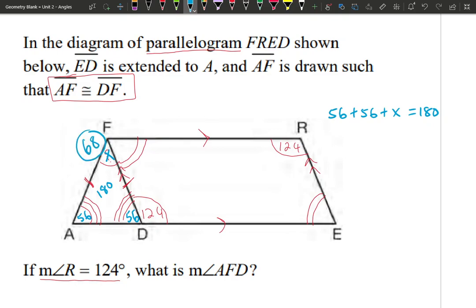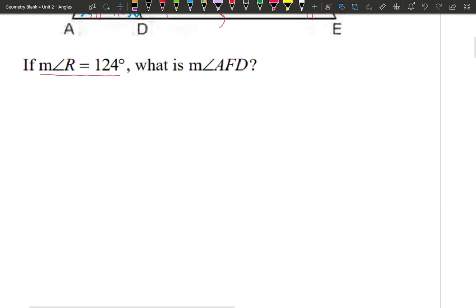You could do it completely without this, but I find that sometimes the equation helps students make sense of it. The three angles must add up to 180. If you solve this, you will get 68 degrees. And that's it. Check out the next one.